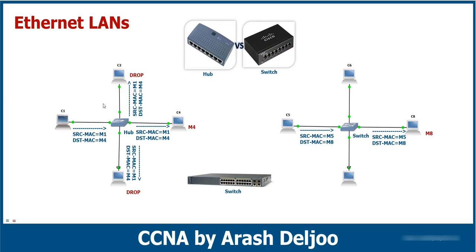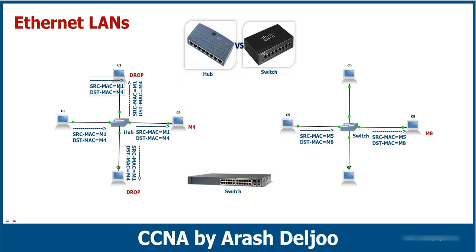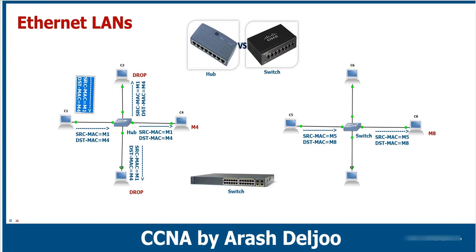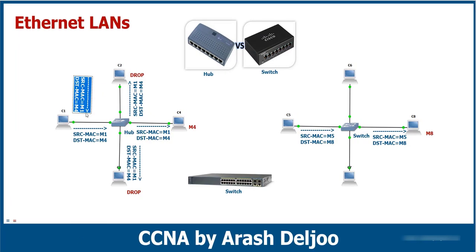This means assume that we are sending at one time from C1 and also from C2. Let me show you. This is another frame. When you are sending traffic from C2 to a destination of, for example, C3, we will experience a collision of the frames. This means that all of the frames should be dropped.